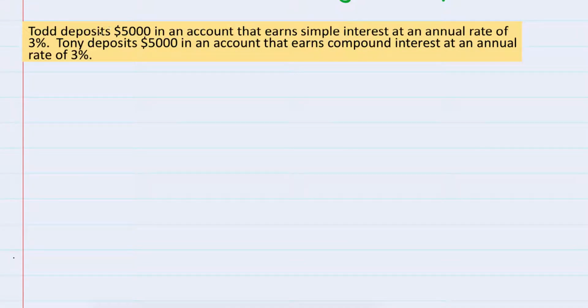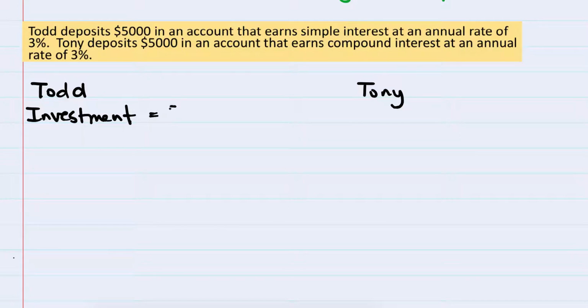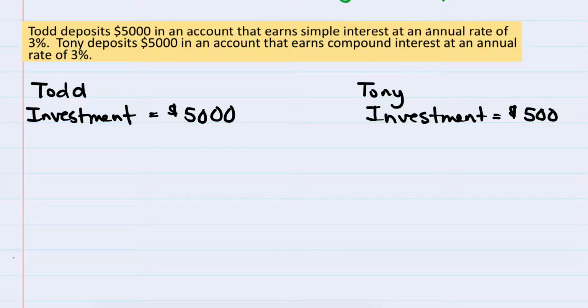So Todd and Tony are both depositing $5,000. So I'm going to put Todd here. I'm going to put Tony here. And their investment is the same amount, $5,000. They have the same APR, the annual percentage rate. So their APR is 3% for both of them.